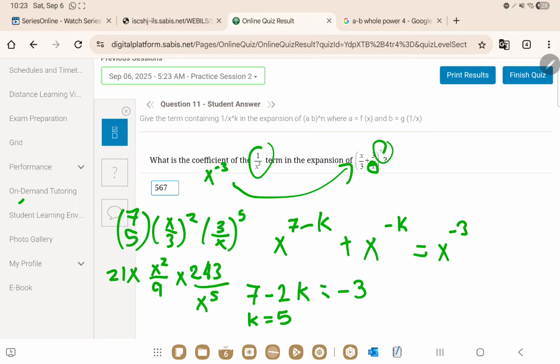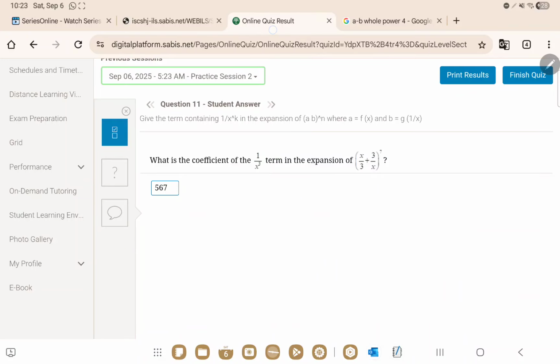Now 21 times our answer, which is 243, divided by 9 gives you 567. X squared over x to the power of 5, which you can move x squared to the bottom, so minus 2, which will give you 1 over x cubed. The same as 567, x power negative 3. They're the same thing. Moving on.